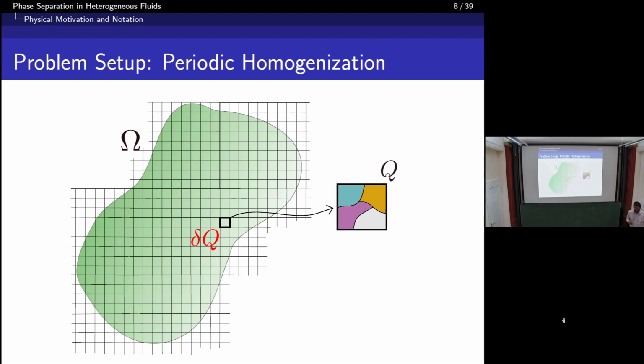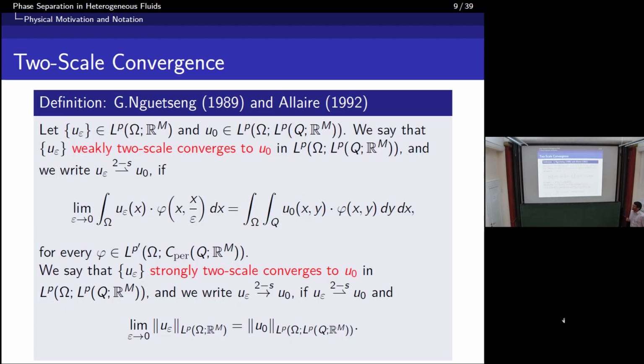But first, the tool that I'm going to use a lot in this talk to motivate a lot of our analysis is two-scale convergence. I just want to briefly review two-scale convergence. Two-scale convergence is a type of convergence that is basically perfect for homogenization because you're testing against these oscillating test functions, which are periodic in the fast variable.